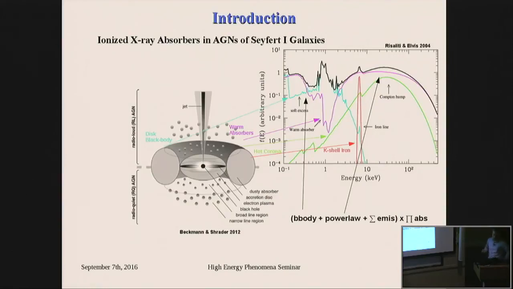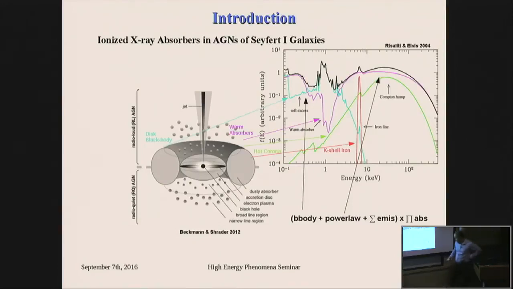In terms of what we learn from X-ray observations of AGN, we learn about the thermal soft excess, which is usually modeled by a black body, and we learn about the non-thermal emission, which is related to the corona above the accretion disk, and this hard excess is usually modeled by a power law. And we learned that there is some warm absorber, which could be related to outflow above the accretion disk.